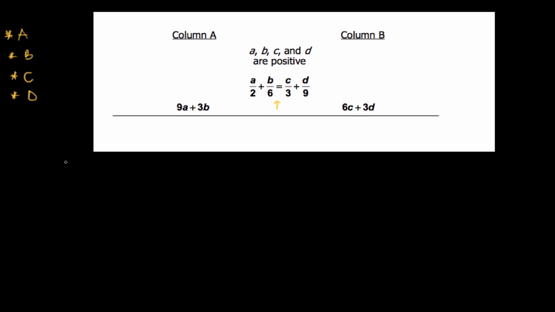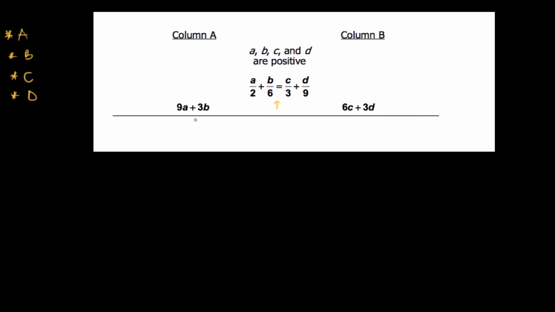In order to establish a relationship between the quantities in column A and column B, a very good place to start is to look at the information we are given. I'm going to use it to see if I can establish a relationship.